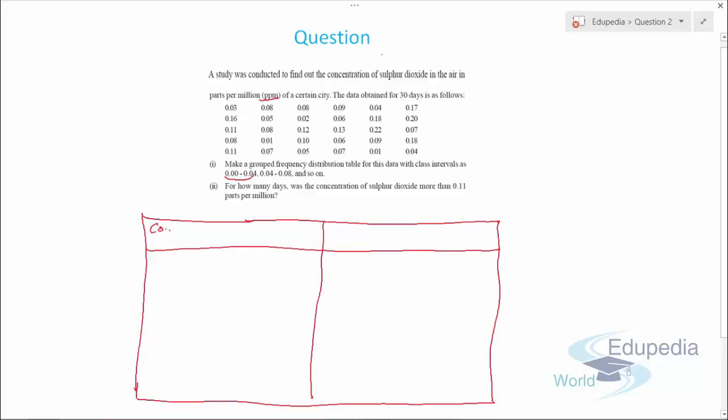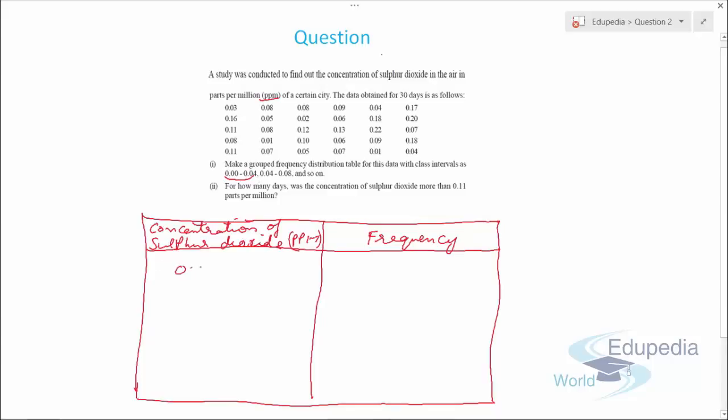So we need to write concentration of sulfur dioxide in ppm, right? And over here as frequency, right?